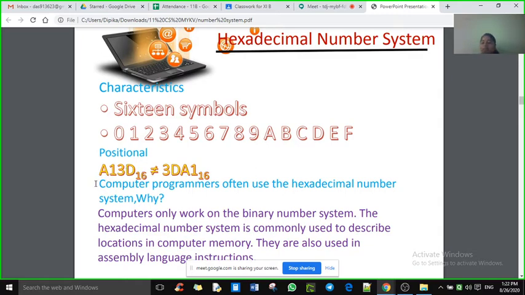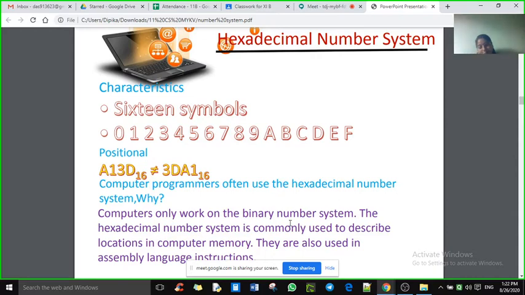That's why A13D to the base 16 is not equal to 3DA1 base 16. It means you can't change the position of the digits.